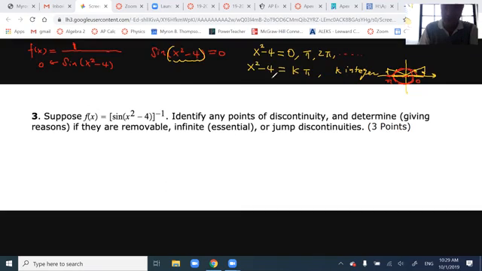So you continue to solve this one, you can get what? x squared equals k pi plus 4. So x will be equal to the square root of k pi plus 4, like this.